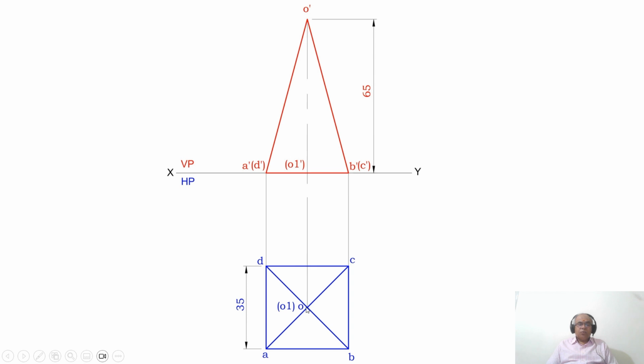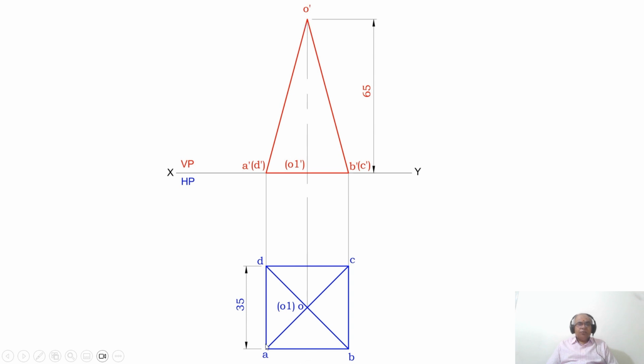You mark that point as O and O1 in bracket, because when you look from the top view, O is near to the observer, so it is visible, while O1 dash is away from the observer, so it becomes invisible. From the XY line, you measure 65 mm, because the height of the pyramid can be seen in the front view. Since VP is the front view, the image we get in VP is the front view. So from the XY line you measure 65 mm, mark a point as O dash, and join.